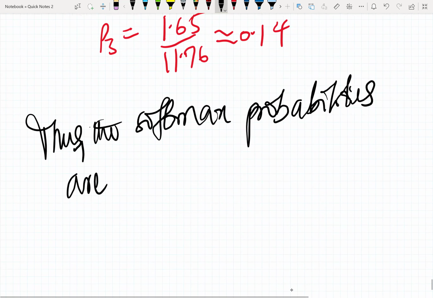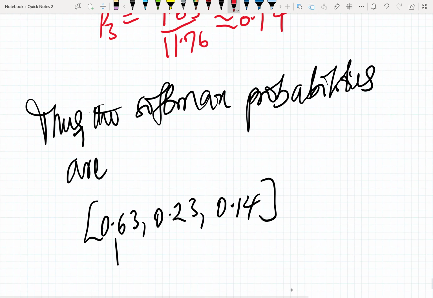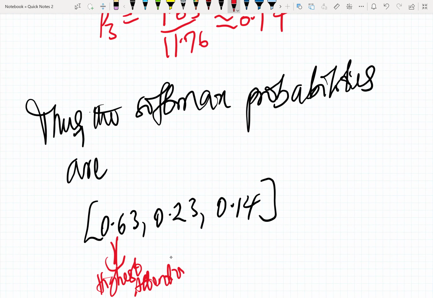So it means that the first logit requires the highest attention. The first token has the highest probability, so it is the most likely prediction.